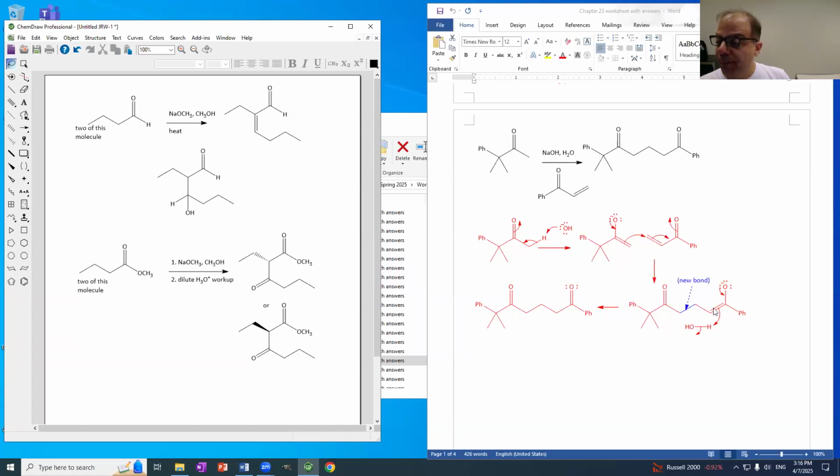The electrons in that bond will remain attached to the alpha carbon and form a bond to the hydrogen of the water molecule. We then release a hydroxide ion, and we get our final product. We wound up putting a hydrogen on this carbon, which is understood if you're using skeletal structures or line angle drawings. Whether you draw that hydrogen or not makes no difference. It's understood. And that's basically it.